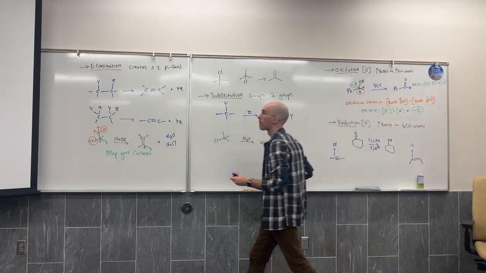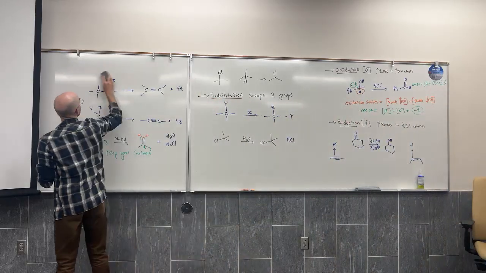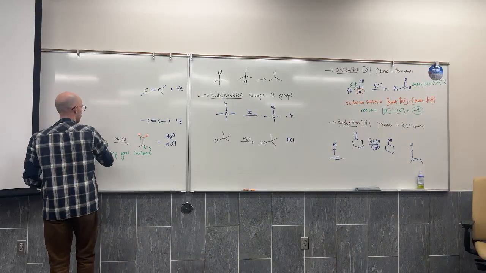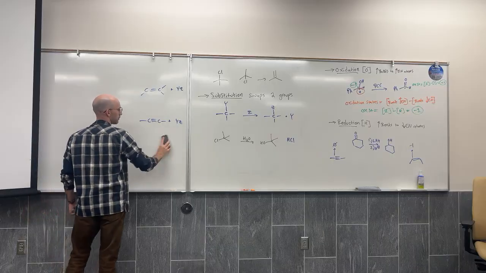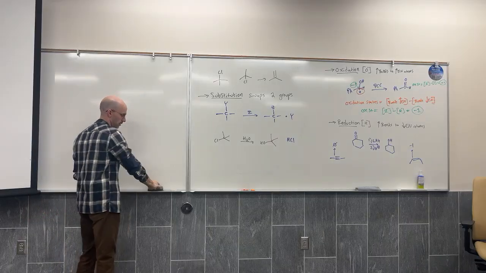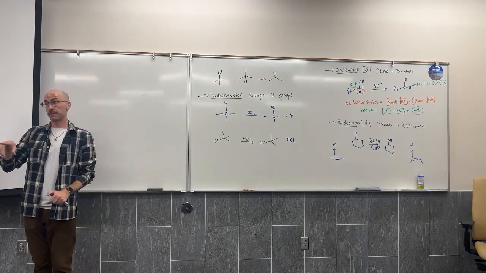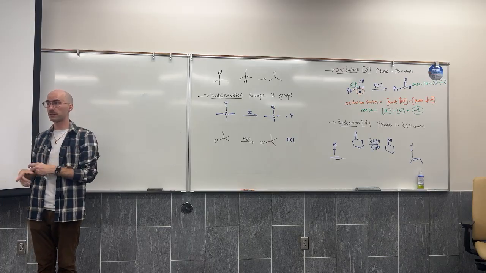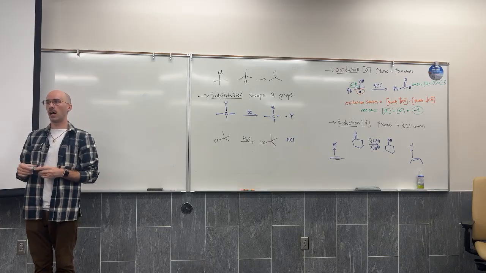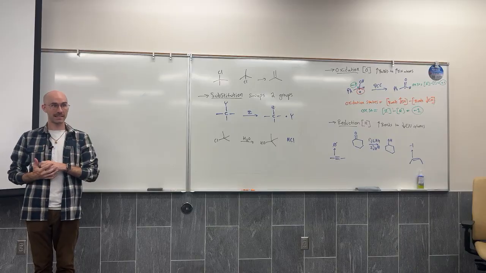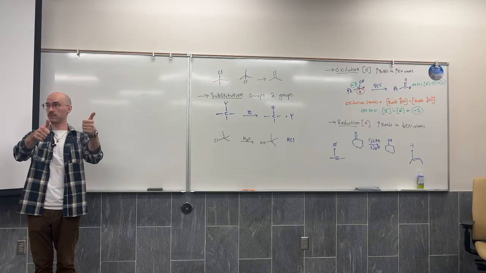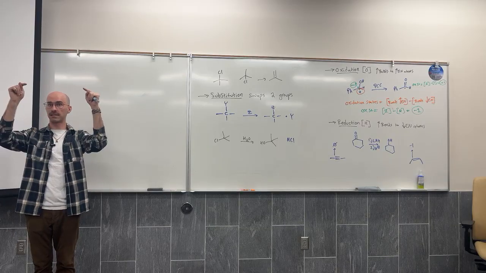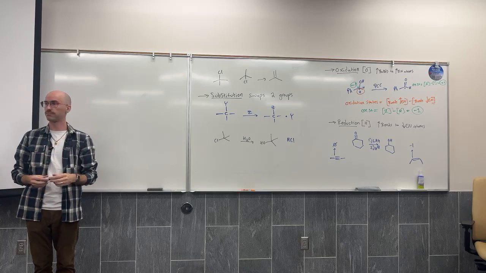So reduction reactions are positive oxidation states to negatives, and oxidation is negative to positive. It's not always starting from negative and becoming positive or starting from positive and becoming negative. So I would say oxidation makes the oxidation state more positive. Okay. Reduction makes the oxidation state more negative.